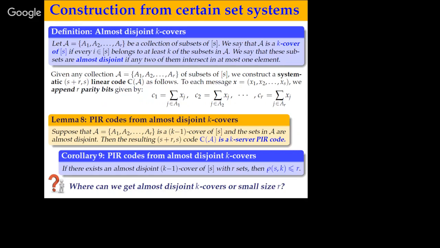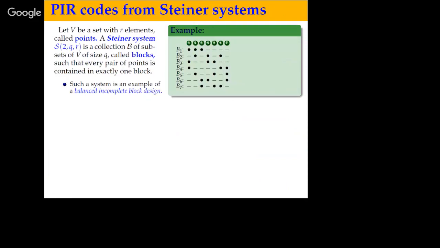Okay, so where do I get such almost disjoint k covers? It turns out there are lots of different combinatorial objects, studied in various areas of discrete math, that you could use to produce such almost disjoint k covers.